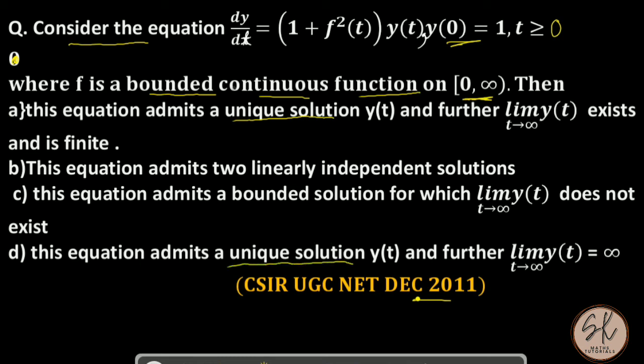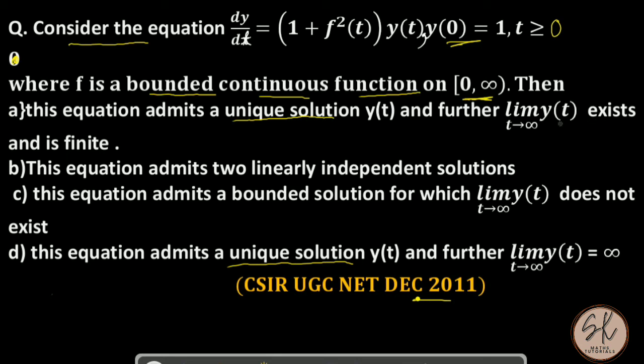Now the answer can be either A or D, because this is a part B question. After that, you can see both of them say different things.